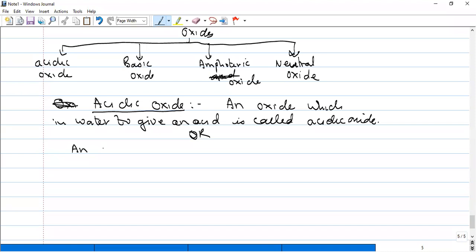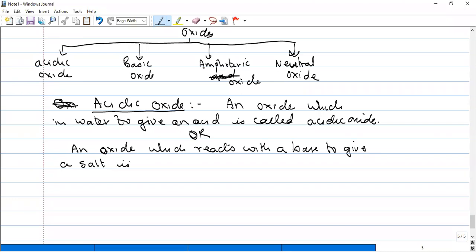An oxide which reacts with a base to give a salt is called acidic oxide. जो ऑक्साइड बेस के साथ रिएक्ट करता है एंड सॉल्ट फॉर्म करता है इज कॉल्ड एज अ एसिडिक ऑक्साइड.